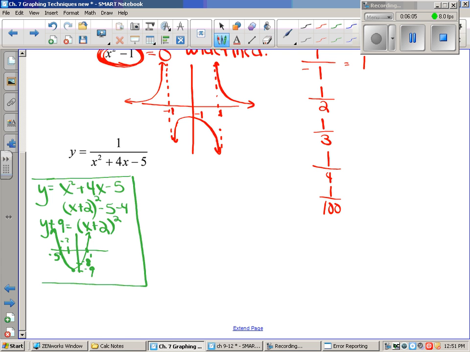With that knowledge, now let's look at the graph of 1 over x squared plus 4x minus 5. The first thing that helps to know is that at negative 5 you have an asymptote, and at positive 1 you're going to have an asymptote. Those are the spots that are going to make that denominator equal to 0. If I put 1 in the bottom, I'm going to get 0. If I put negative 5 in the bottom, I'm going to get 0.